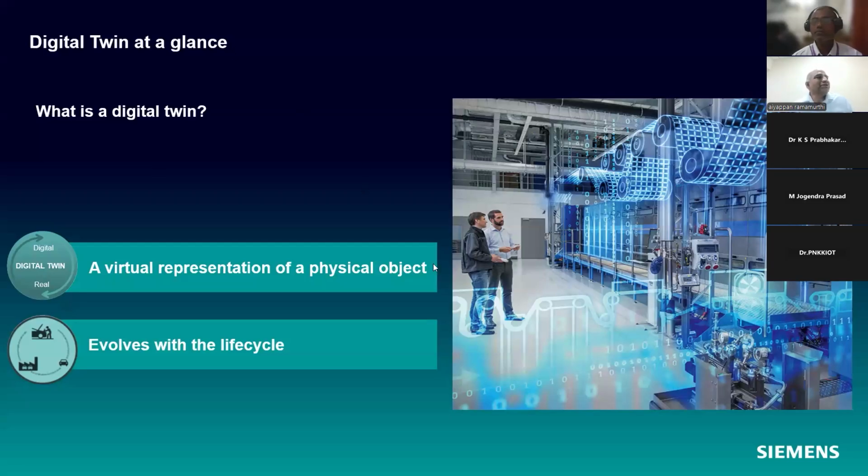So digital twin, we saw, is a virtual representation of a physical object. Again, the object is dynamic; it continuously evolves, so it is able to mimic the behavior, not just the graphics. It is able to mimic the performance, and able to continuously evolve with the life cycle.